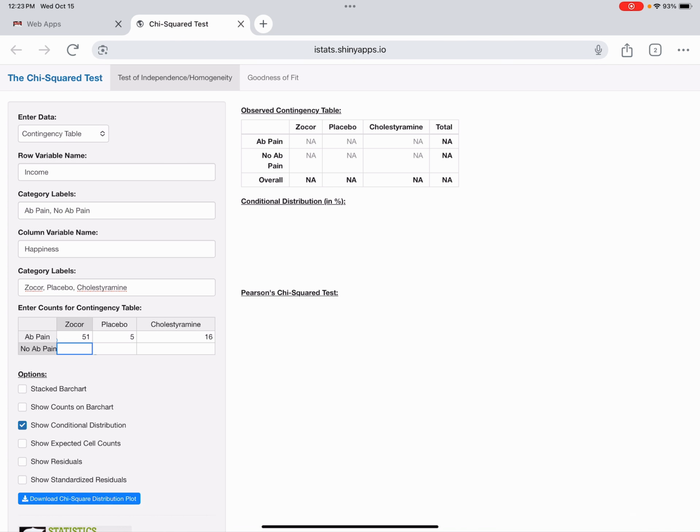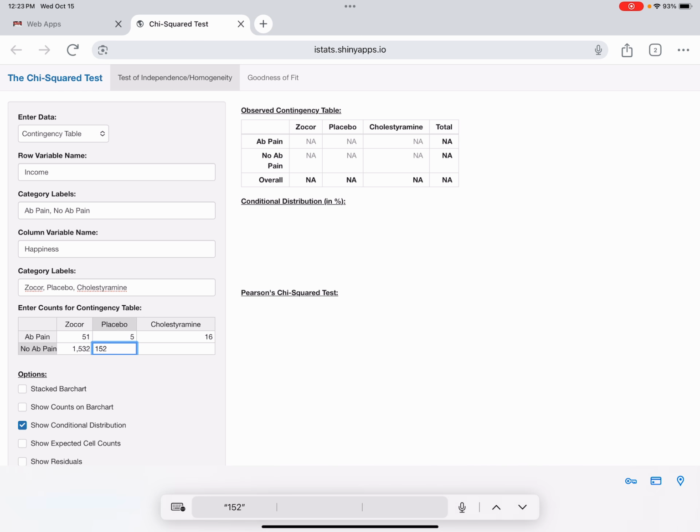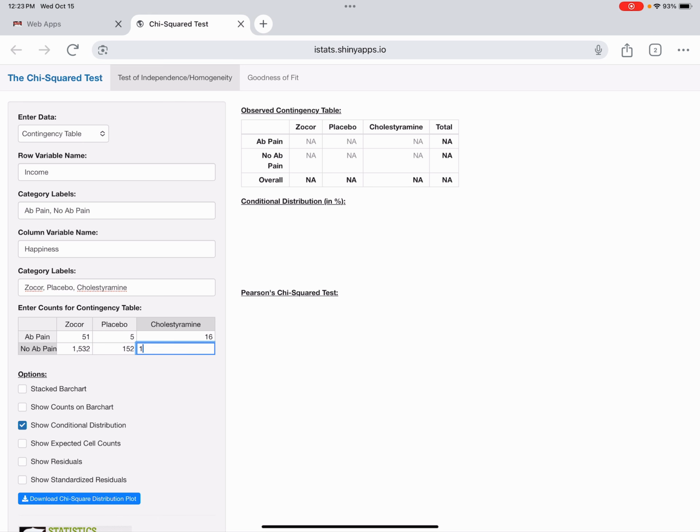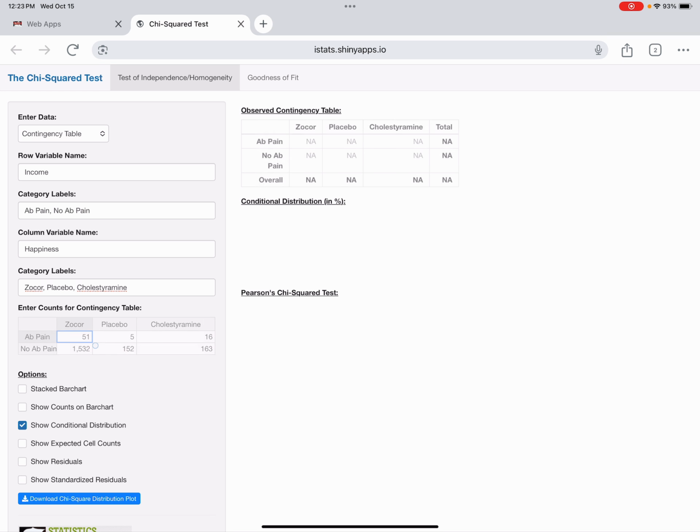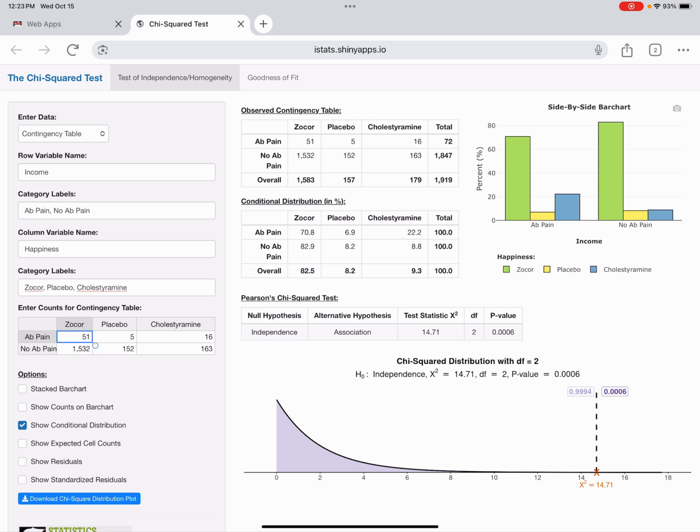That's for the ab pain row. And then the same thing for the no ab pain row, 152. And cholestyramine, 163. Whoops, 163. Okay, and then you just hit enter, and Art of Stat will think about it a little bit, but then it'll go ahead and compute stuff.